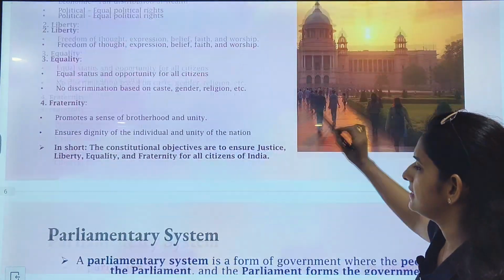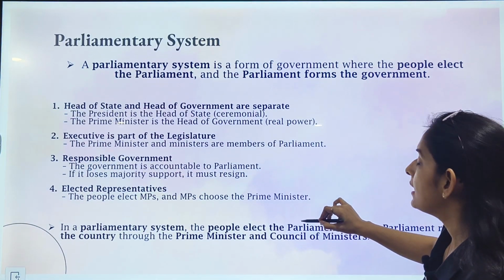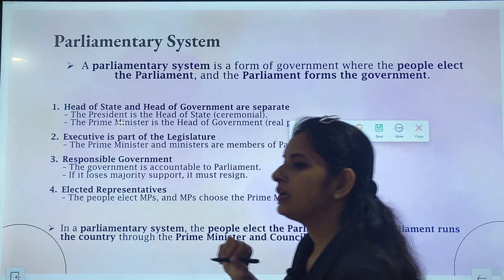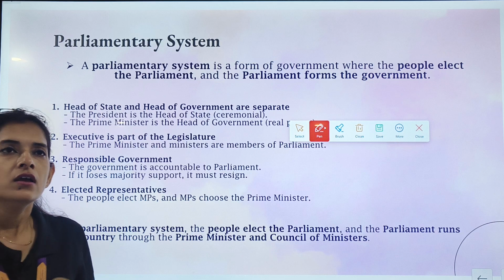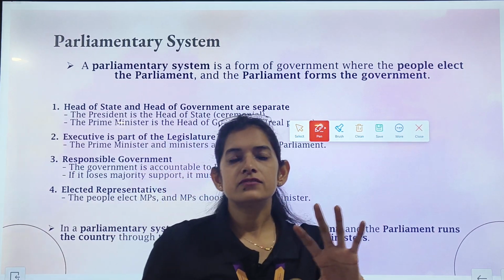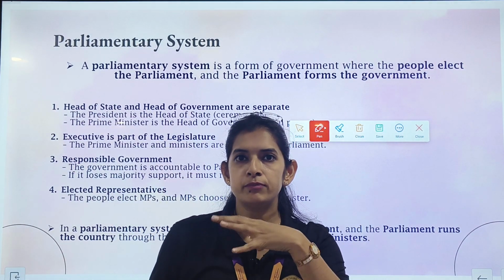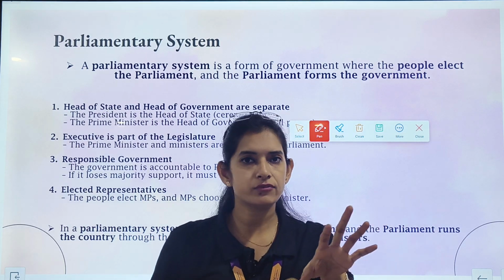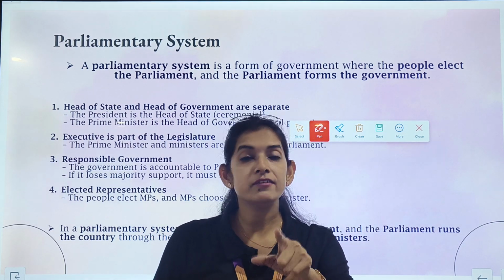Let's move to the next slide. Parliamentary system. What is the parliamentary system? The parliamentary system is one where all the representatives are chosen by the people. Like I have already told you, the representatives are elected from the people, by the people and for the people.